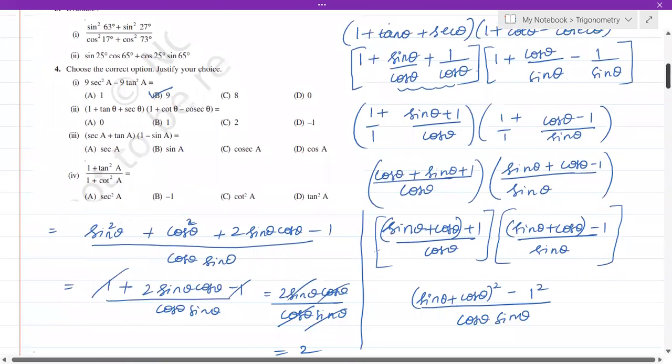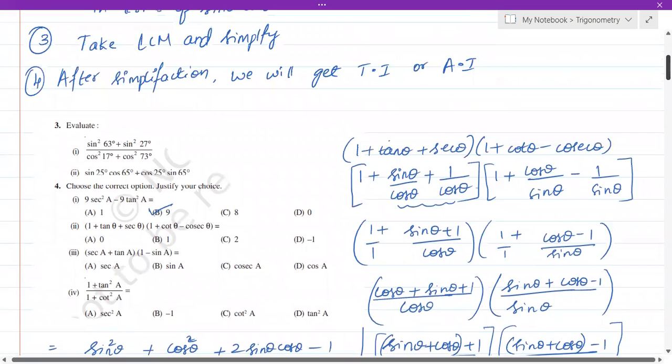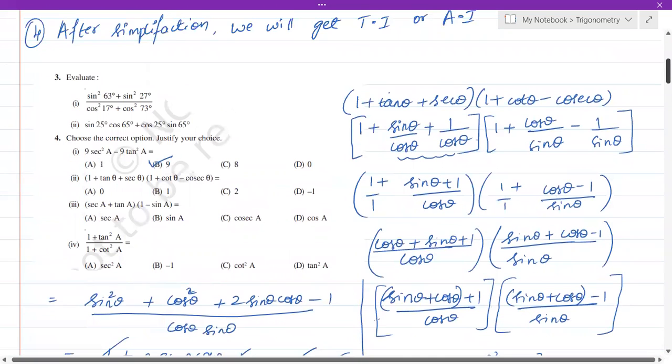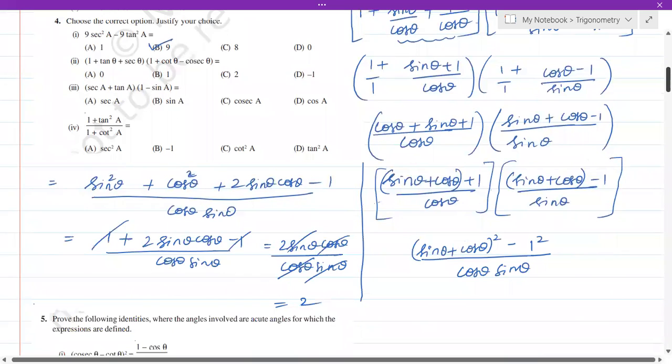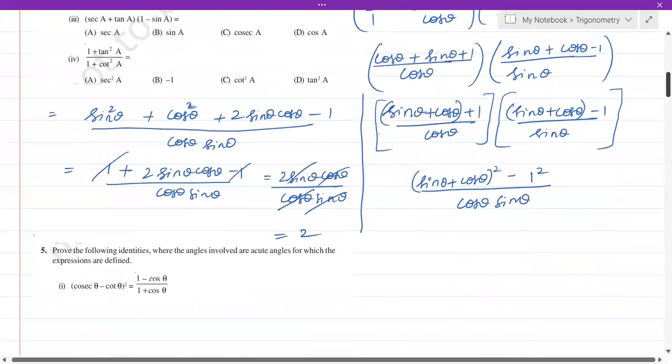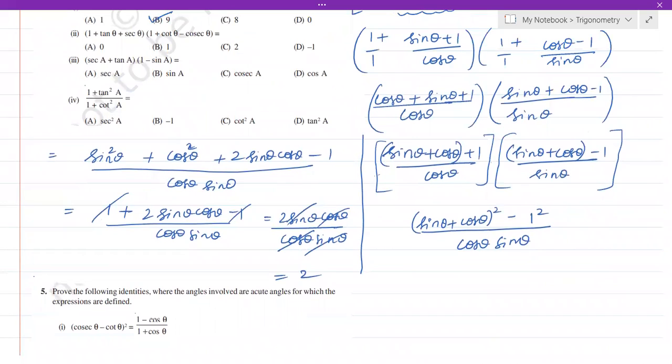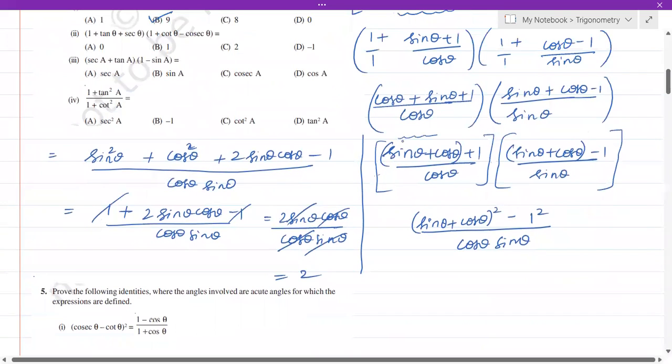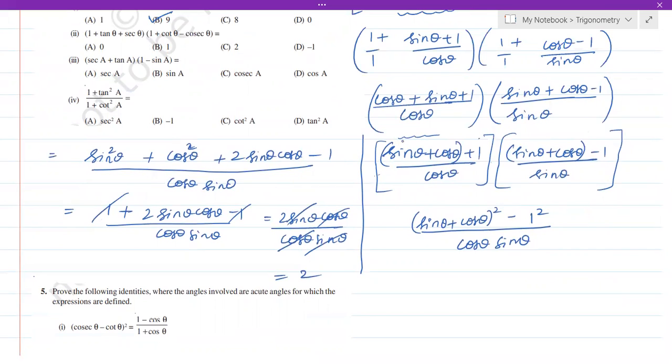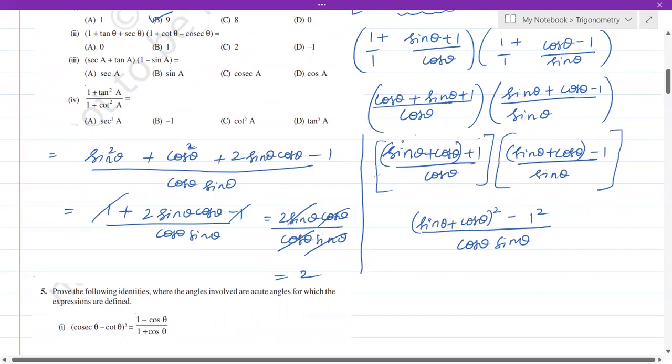If you observe carefully, we didn't have any trigonometric identity in the question, so we converted everything into sine theta and cos theta. Once we converted, we took LCM. After taking LCM, we took this as A, so this is in the form of A plus B, A minus B, which is A square minus B square.